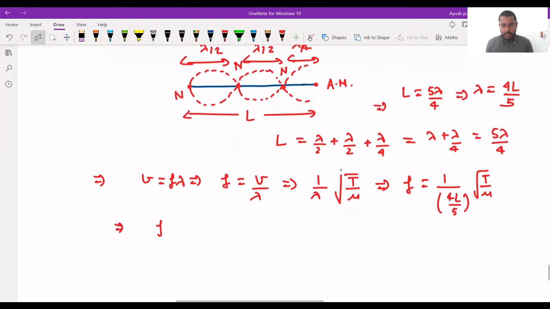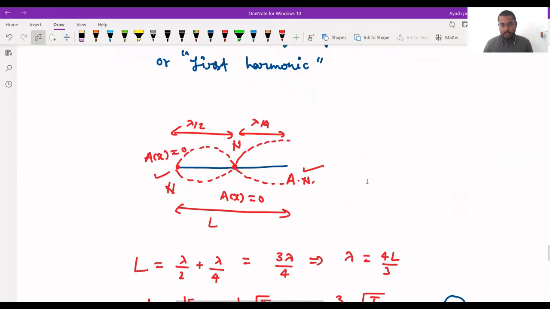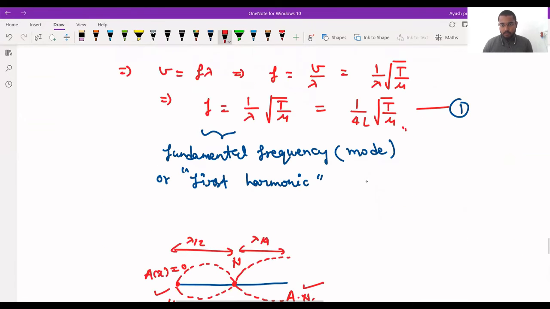So f will be equal to, I will take this above, so it will be 5 upon 4L root T upon mu. Now let's observe the pattern. I am calling this equation third. This was the equation second, and this was the equation first.